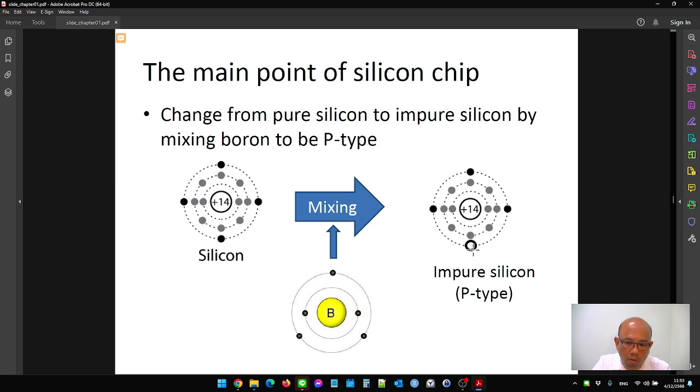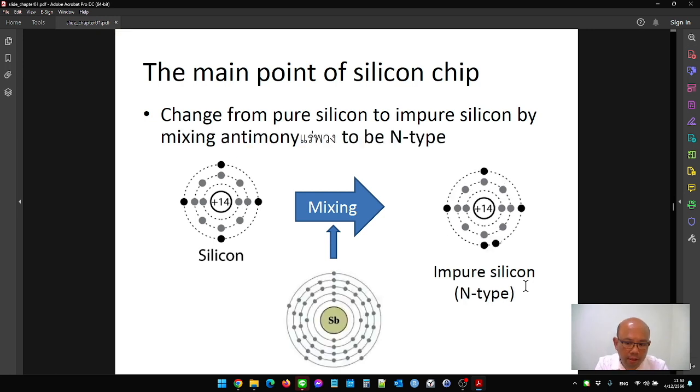That's called a hole. That means not all the electrons are here, so this is called p-type in the impure silicon.